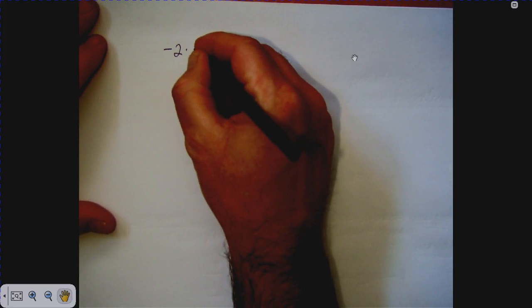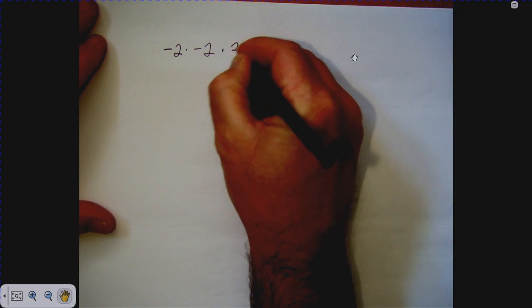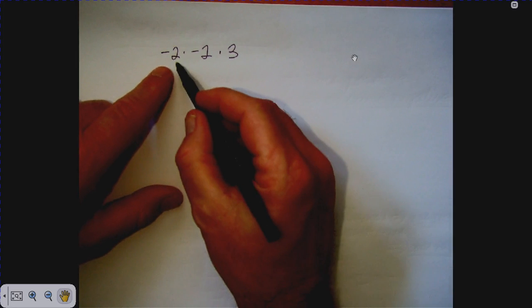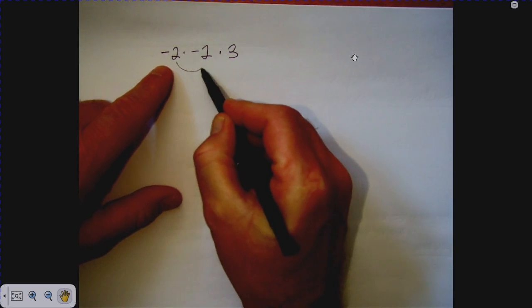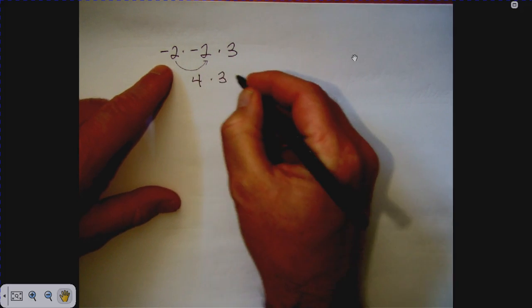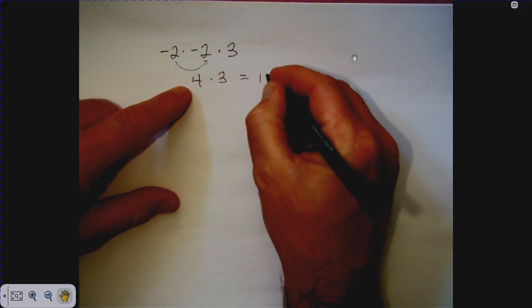Let's say I have a whole series of numbers, like negative 2 times negative 2 times 3. Well, I can do these two at a time, and negative 2 times negative 2 is a positive 4, and then 4 times 3, both the same sign, the answer is going to be 12.